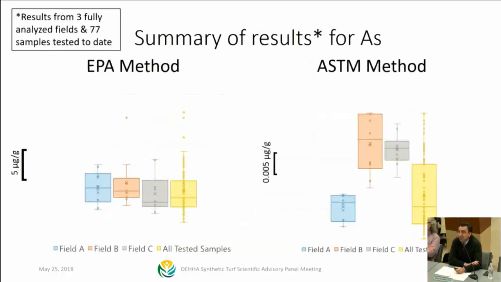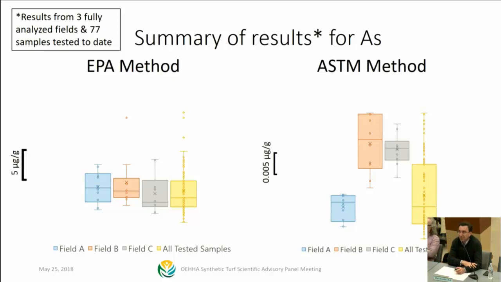And finally, I have a set of 6 slides which look all the same. We just change the element on each of them, but you will see on all of them we have the EPA method on the left and the ASTM method on the right, and in each of them you see 4 data sets which correspond to 3 different fields, A, B, and C, and then the bulk, all of the samples integrated in just one figure.